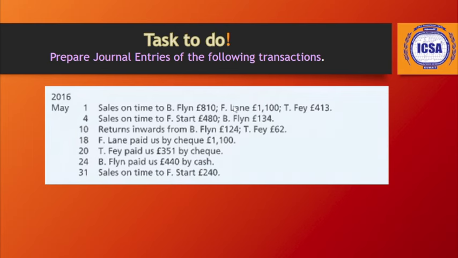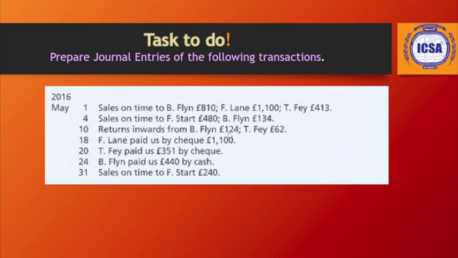Sales on time to Beefline, F-lane, HO. Sales are made. Sales is income, so sales credit 810, and as it is credit sales, Beefline as customer will be debit. Beefline to sales, same way other accounts will be recorded. Sales on time to F-start is the same credit sale entry, so you can record it like customer debit and sales credit.